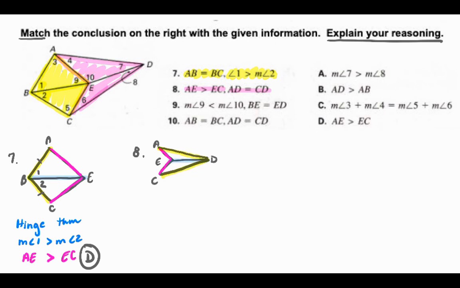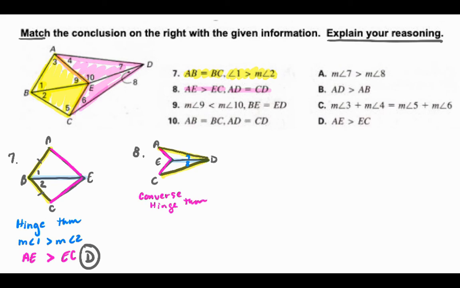So this means the angles that I need to look at from this are the angles 7 and 8. So we are looking at a problem that gives us side information, and we're going to get angle information. So this is going to use the converse of the hinge theorem.